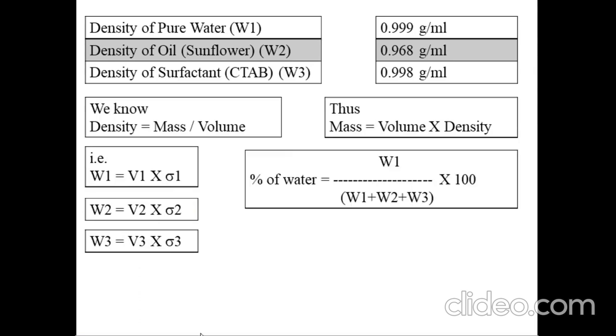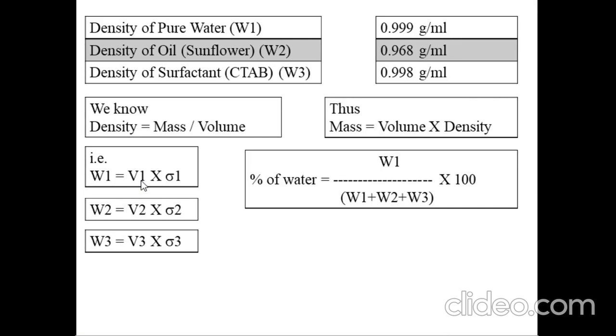Right? Now, how to calculate the percentage of water? Percentage of water is given by this formula. W1 over W1 plus W2 plus W3 times 100. Now, how do you get W1? So, you know the volume of water. Say for example, you have taken 1 ml of water.